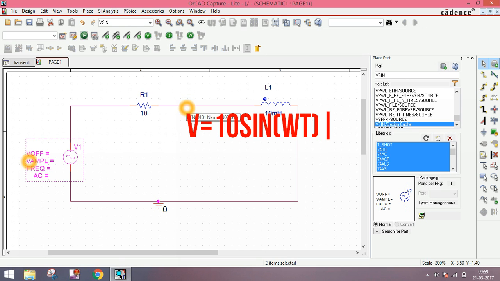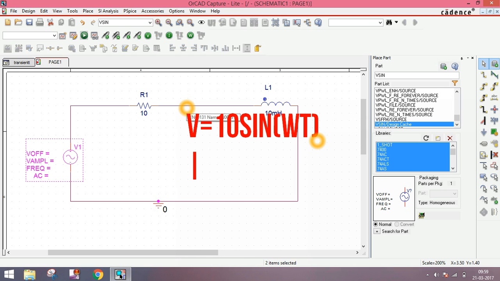So we know V amplitude, frequency. And what is AC? AC is the RMS value. This is the formula: V RMS is equal to V amplitude by root 2. So we can set a value.